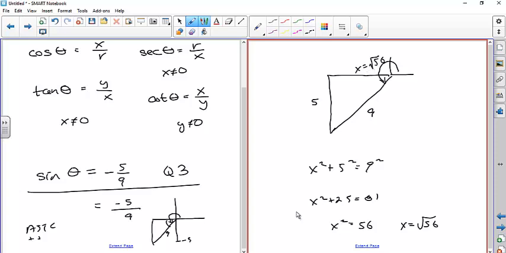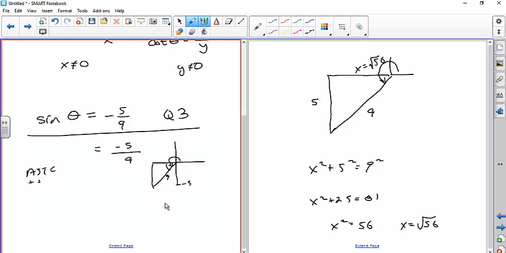Now, once I've just used the Pythagorean theorem to get this length, I'm going to specify these coordinates. So the coordinates would be negative the square root of 56 for x, and the y coordinate would be negative 5. So that's x comma y. r is 9. We were given that.